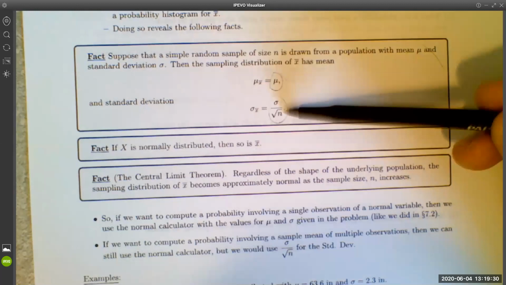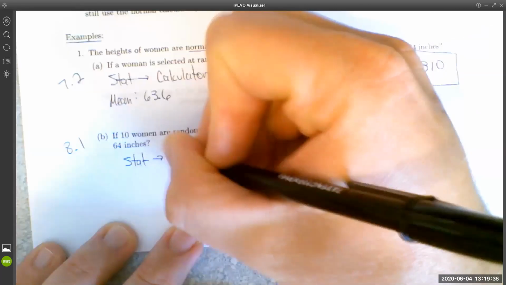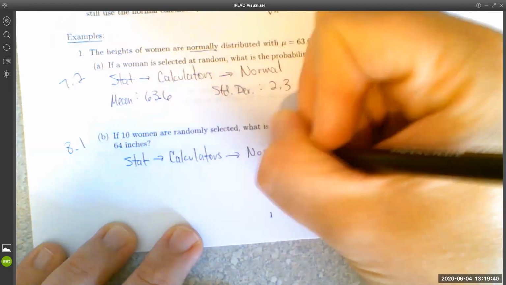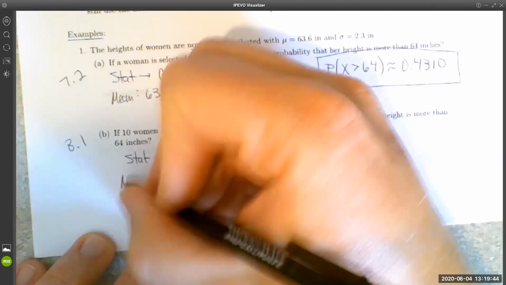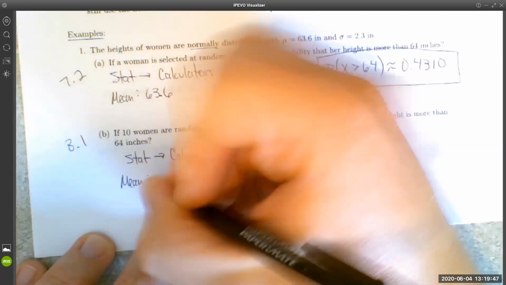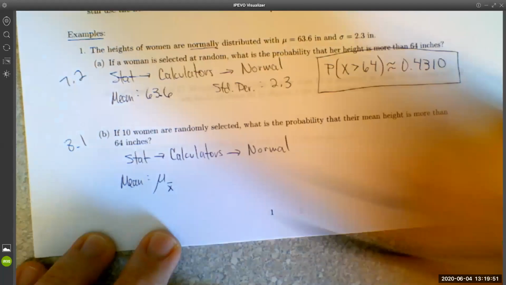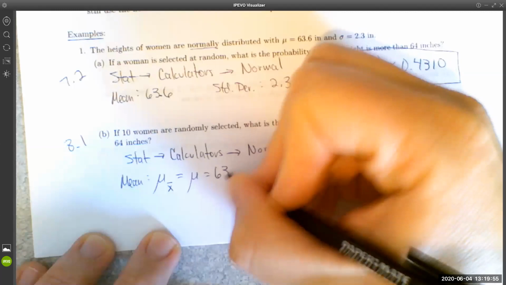I'm still going to go to Calculators, Normal. For the mean, the mean of the sample means, mu sub x bar, is exactly the same thing as the population mean, mu, which is 63.6. So that's the same as the previous problem.